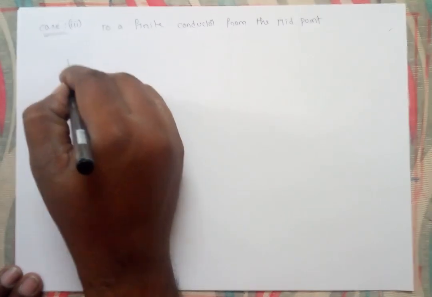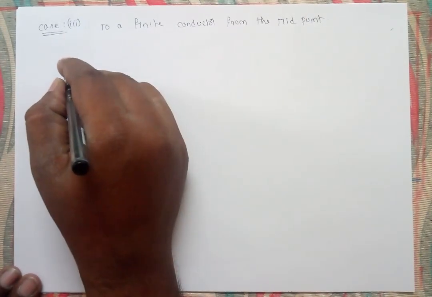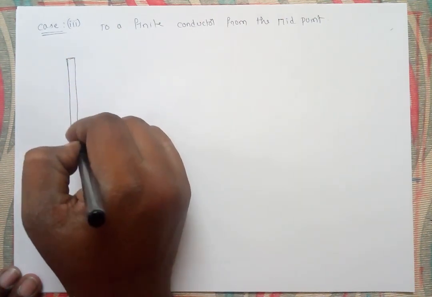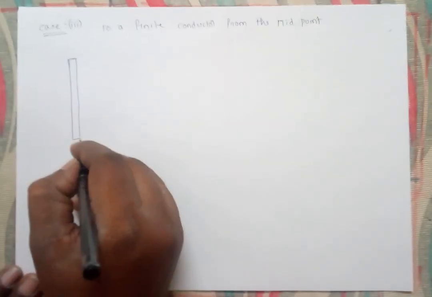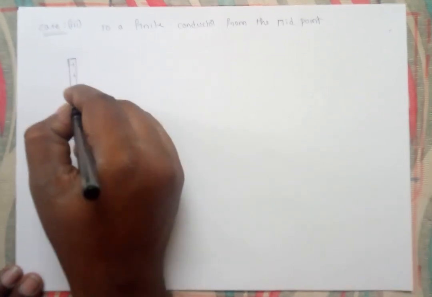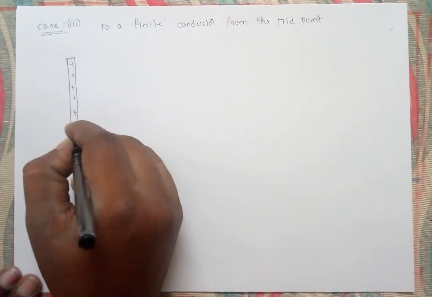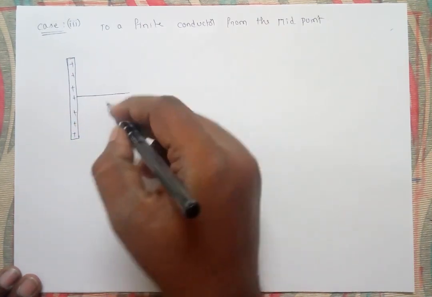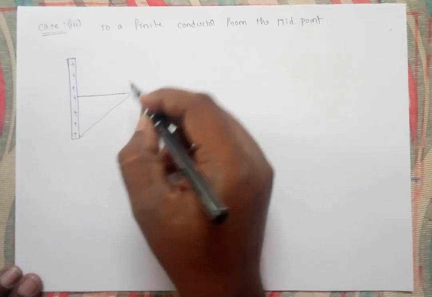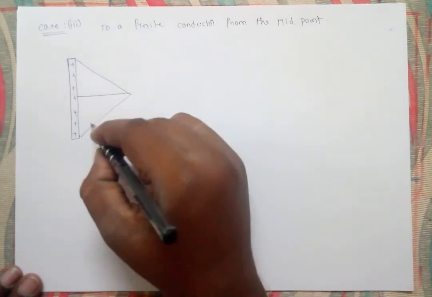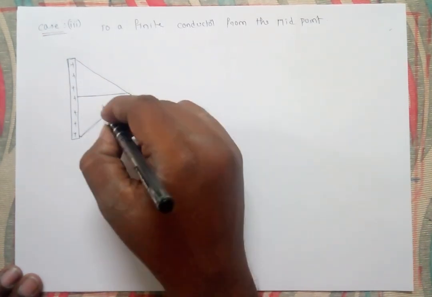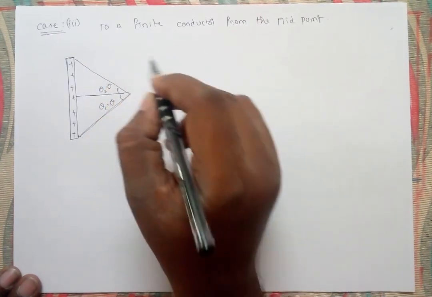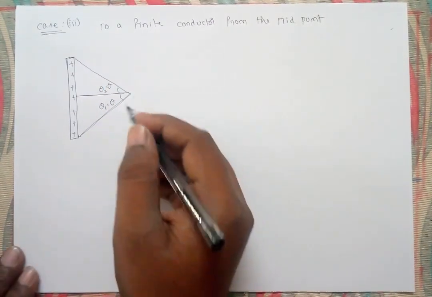You are not taking an infinite conductor here, you are taking a finite one, but exactly from its midpoint. At the midpoint, the lower end as well as the upper end make equal angles, that is theta 1 is theta, and theta 2 is also theta.